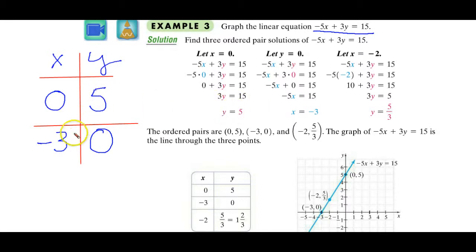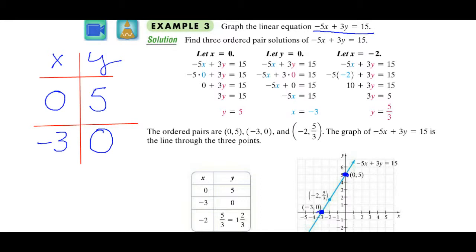Notice when you plot just these 2 points, you have a 0 here and a 5 here. Remember, we said whenever you have that, your first item is a 0. This is going to be on the y-axis. So 0, 5, right there. And now, if your first term's a number and the second number is a 0, this is going to be on the x-axis, right there.